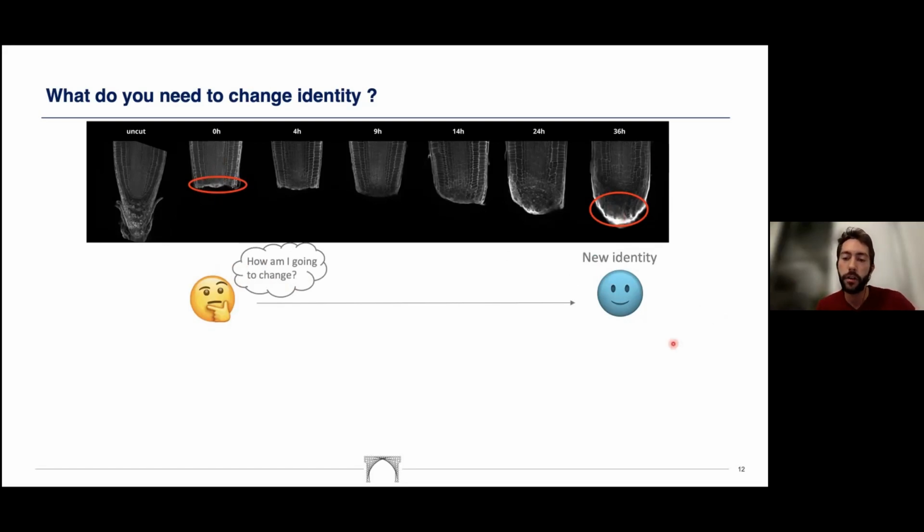In the field of regeneration, the main question going on through the years is: can you transdifferentiate, can you jump from one identity to another, or do you have to go through a stem cell-like state? So that's what we started with as a question, and what mechanisms are important to change directly or not.